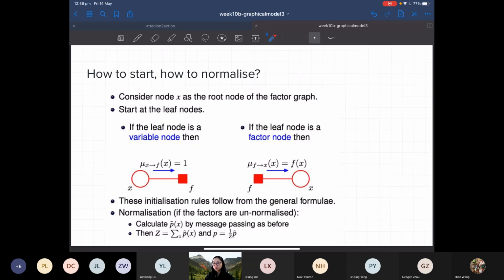That's when, for example, a few pages ago, we were modeling the prior of parent nodes in the Bayes net, right? So these initializations you can derive from the general formula, and it's shown to be correct. And you can see that, hey, what about normalization again if the factors are unnormalized?